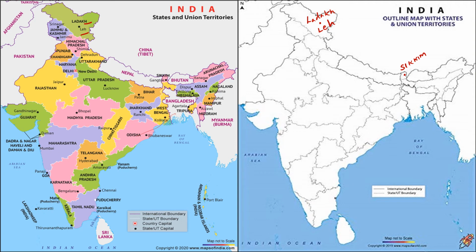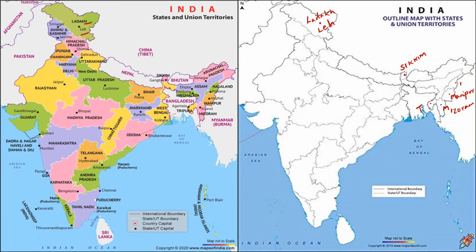And the other northeastern states such as Tripura, you can mark it, right? Tripura, I am marking here. Mizoram will come here, then Manipur. All the seven sisters are important. Clear? Then Nagaland.